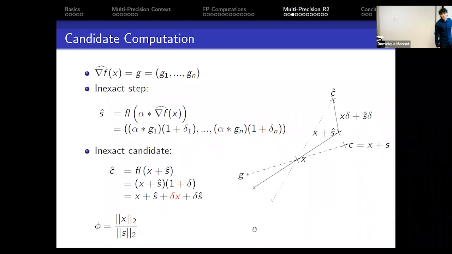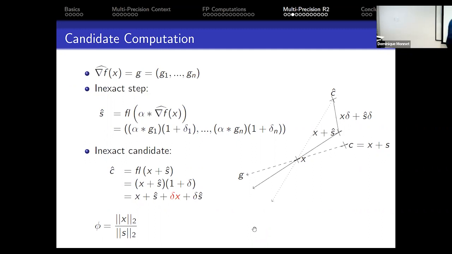Meaning that what you compute, you have no idea what you're computing, because the numerical noise is so big that you don't even know where the step is. So I put my candidate here, but it can be anywhere around here because I have no idea what this error is.